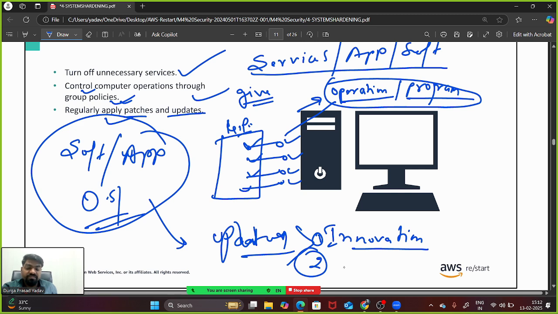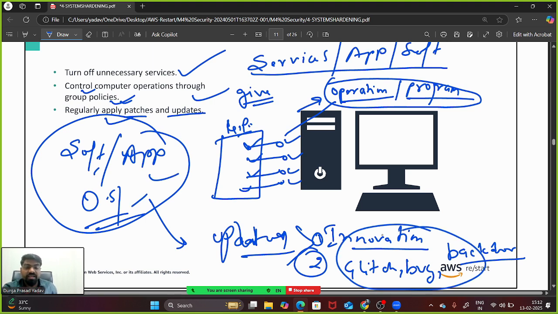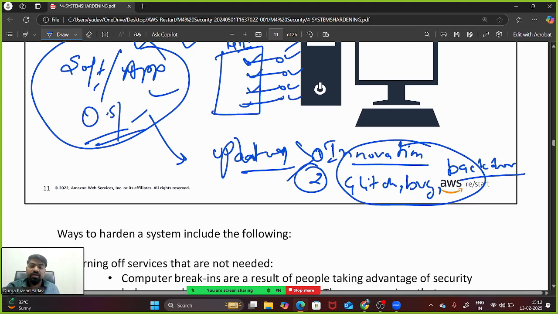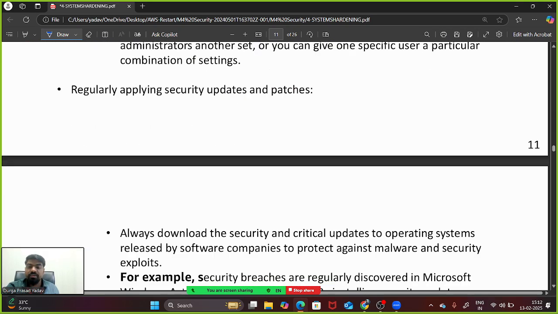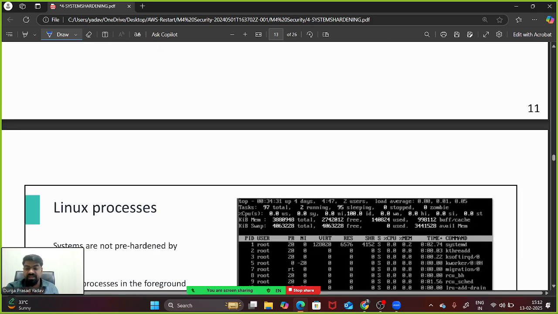But the second reason is if there is a glitch, a bug, or a backdoor problem, or so many issues coming in the application, OS or software. This can be resolved either by applying patches or by doing the update. Once you do the update, it will start working perfectly.